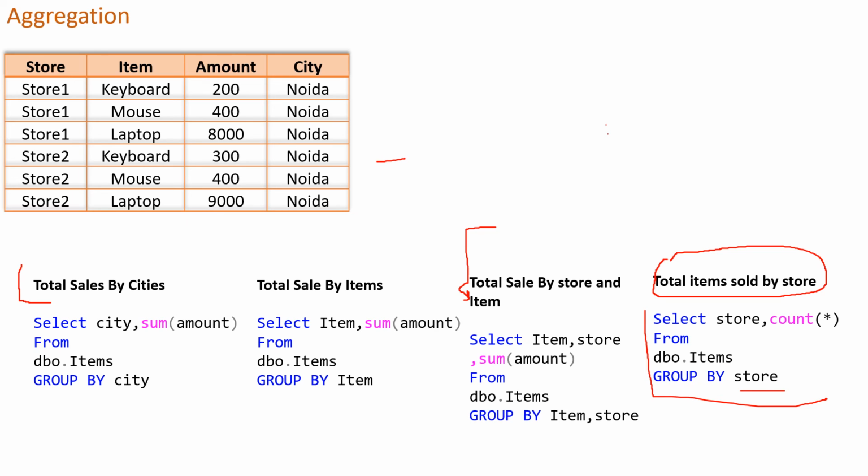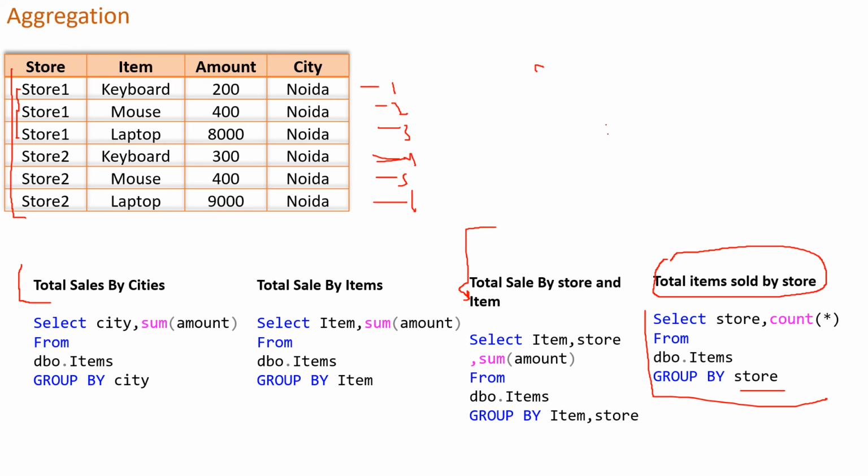So see, we have a store, this is store 1, this is store 2, this is store 3, this is store 4, this is 5, and this is the 6th one. When we perform the group by clause on store, these stores will be grouped into a single value.